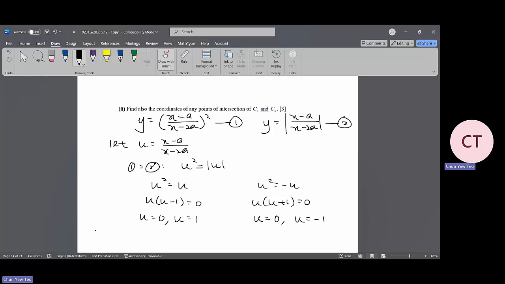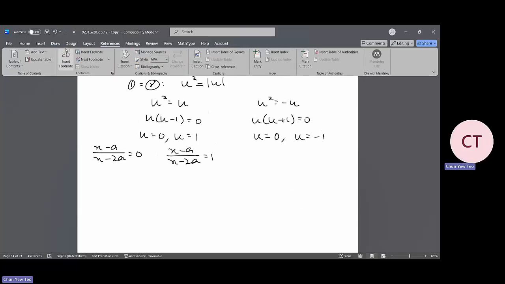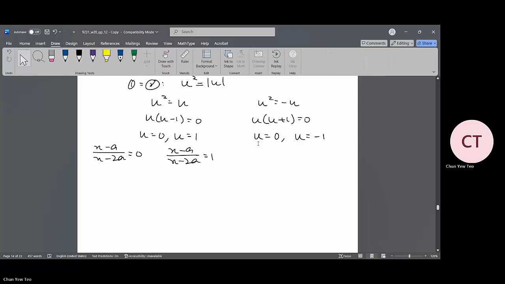So for u equal to 0, which means (x minus a) over (x minus 2a) is equal to 0. Another one is (x minus a) over (x minus 2a) is equal to 1. The repeated part we do not need to repeat.